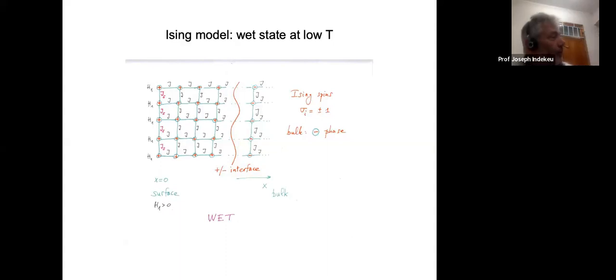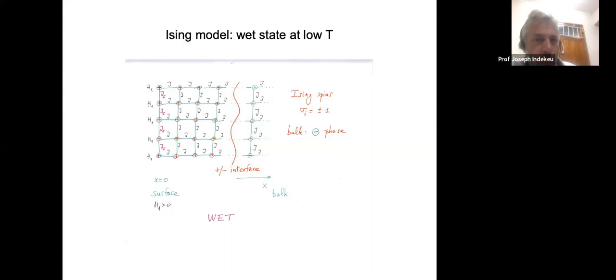Well, it depends on temperature. If temperature is very low, then energy has all that there is to say in the system, and the energy will prefer to have the least possible number of broken bonds, because every broken bond will cost an energy 2J. So at very low temperature, this interface will be almost linear, planar, and that's what I've tried to sketch there.